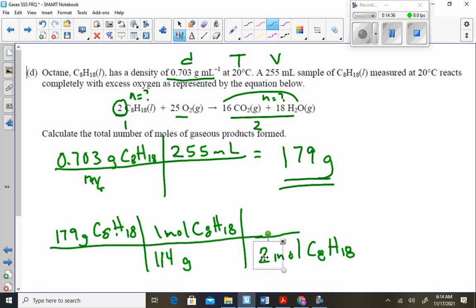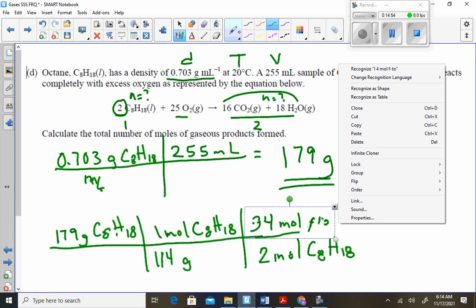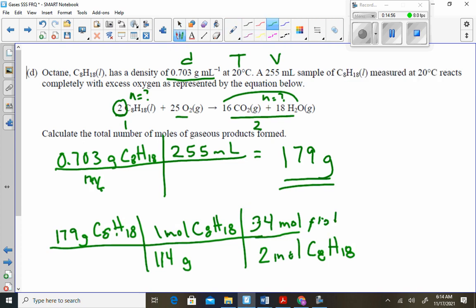I know my mole-to-mole ratio. Normally we go to one or the other, but since they want all the products, the combined moles of products is 34. So every 2 moles of this produces 34 moles of product. The last step is to just multiply everything, and I get 26.7 moles.